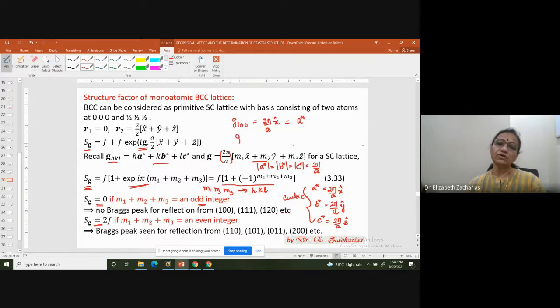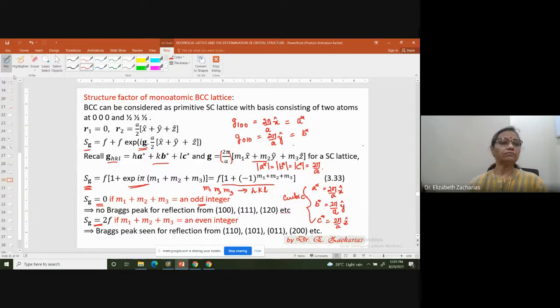Similarly, we wrote G010 as 2 pi by A y cap, which was your B star. Okay, similarly, G001. Here I made a mistake. Here I'm talking of cubic, okay? If it's not cubic, then I would have written 2 pi by A, 2 pi by B, 2 pi by C.